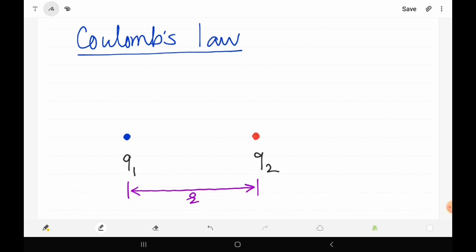And in today's class we will discuss Coulomb's law in electrostatics. Coulomb's law explains the force acting between two static charges. Static charges means two charges placed at a fixed distance from each other.